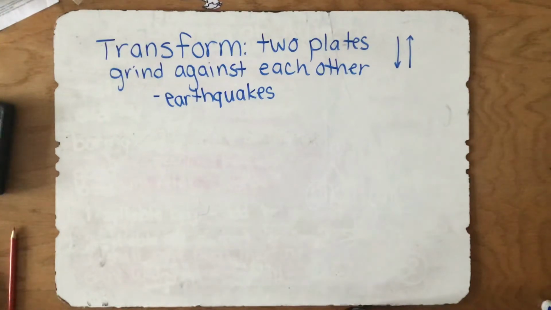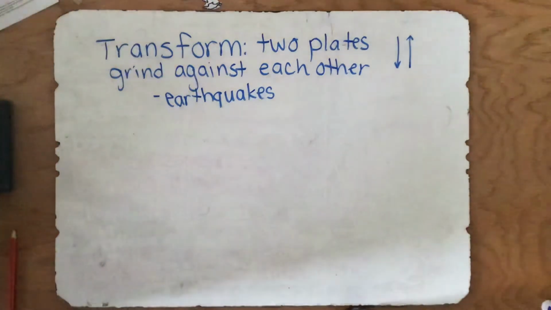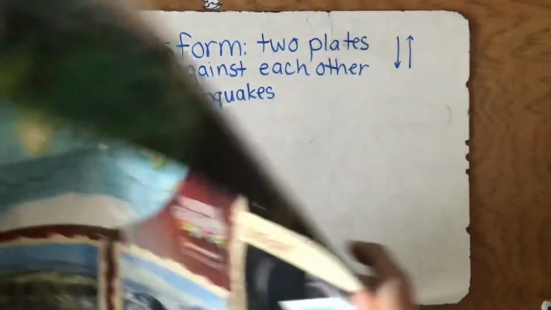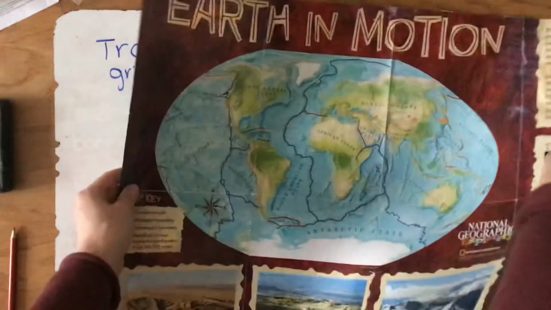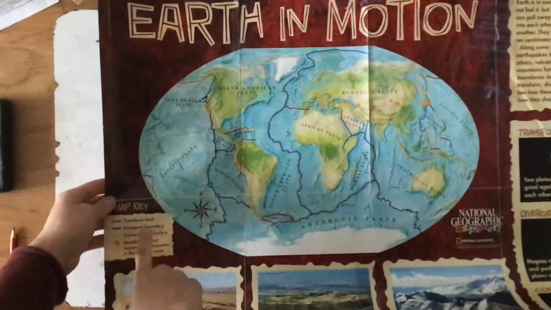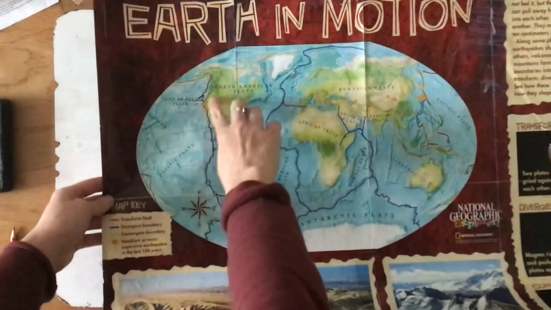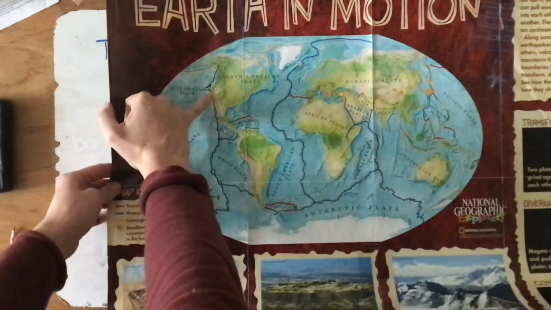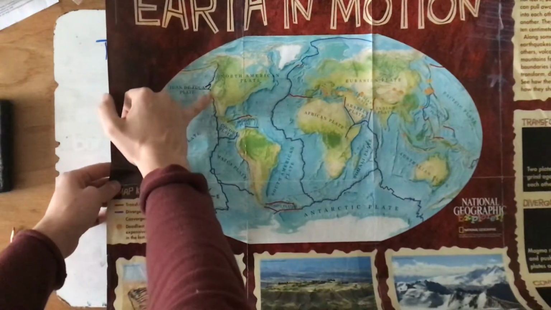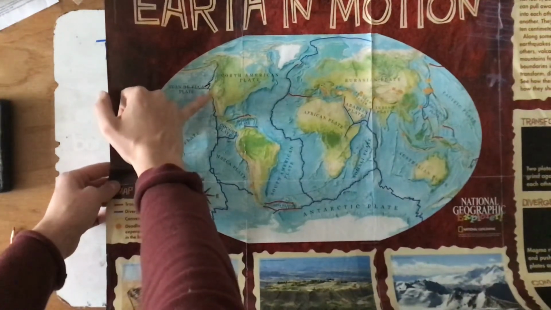Let's get our map out again. So if we look at our map, the transform fault is the red lines. So here we have some red lines here. This is right where California is. So we oftentimes have earthquakes here.